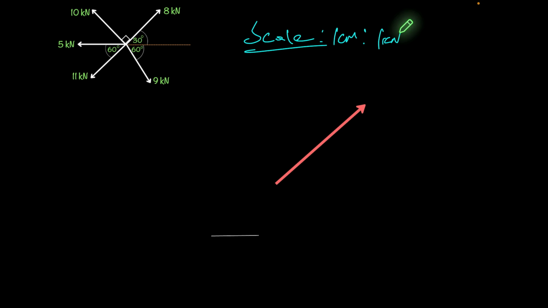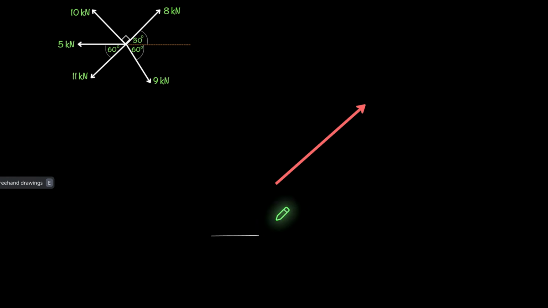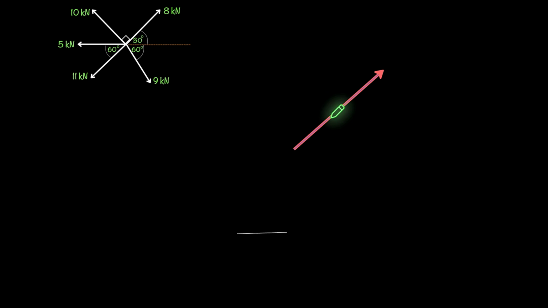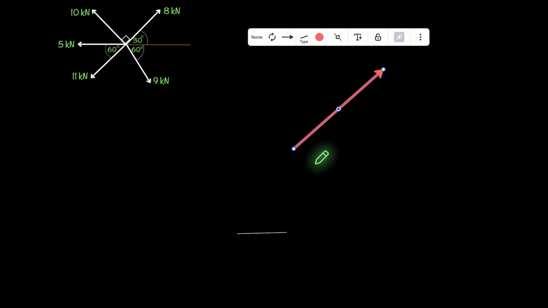But if it was much bigger, let's say 200 kilonewtons we had there, then I would really want to scale that down to perhaps even 100-to-1. Whenever I refer to a reference line, I'm just talking about this white horizontal line that's right here, and I'll be using this red arrow line to draw in the forces.